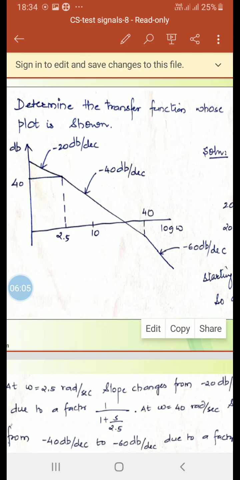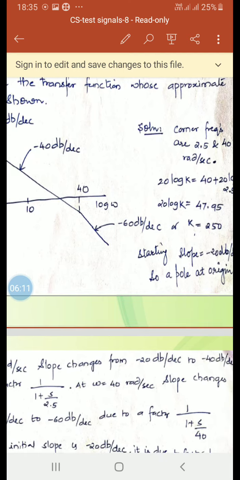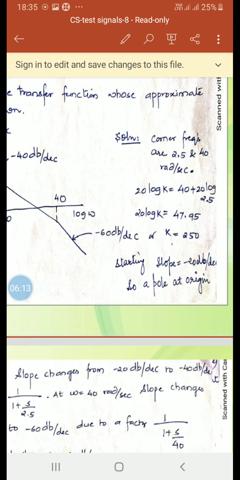You can see the change in slope is minus 20 dB per decade from 2.5 to 40. After 40 it is minus 60 dB per decade.